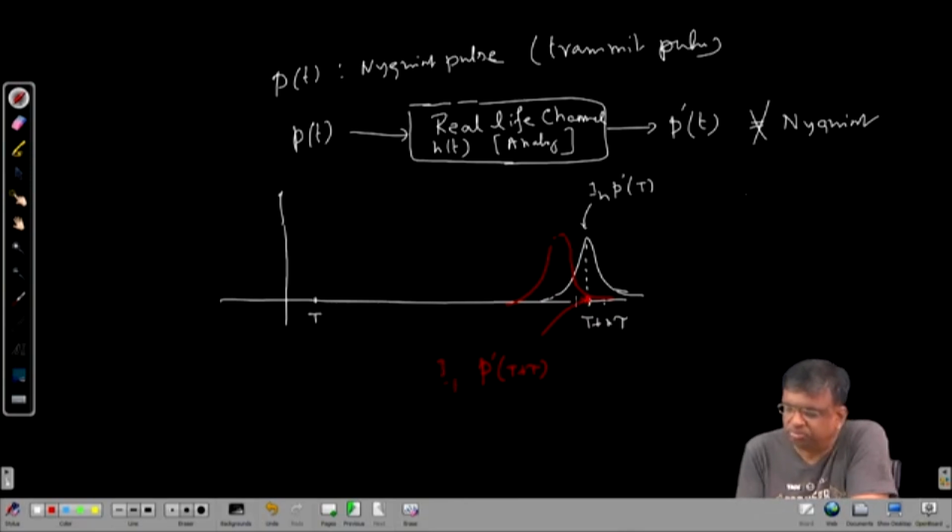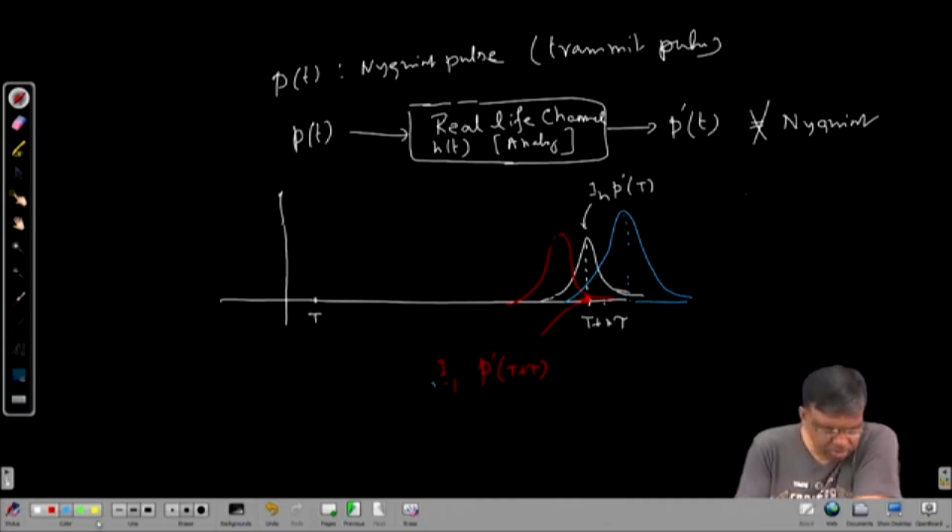This much will come as interference. Then from the center point, if I go tau to the left, whatever value is there is multiplied by the symbol I n plus 1.